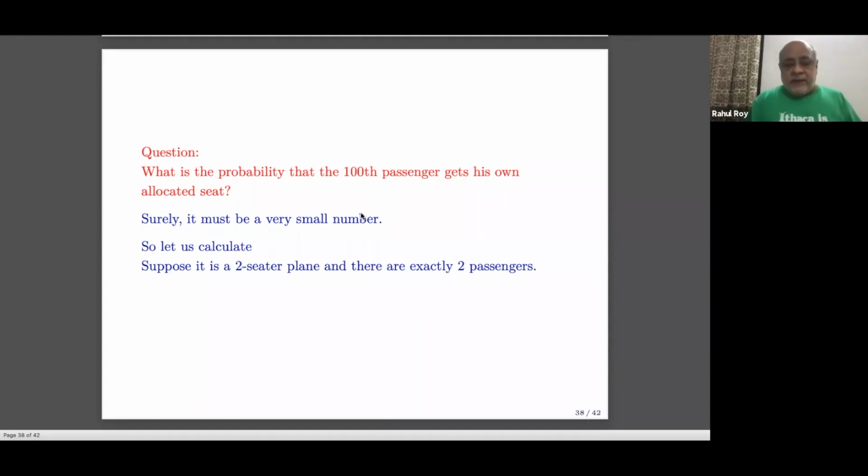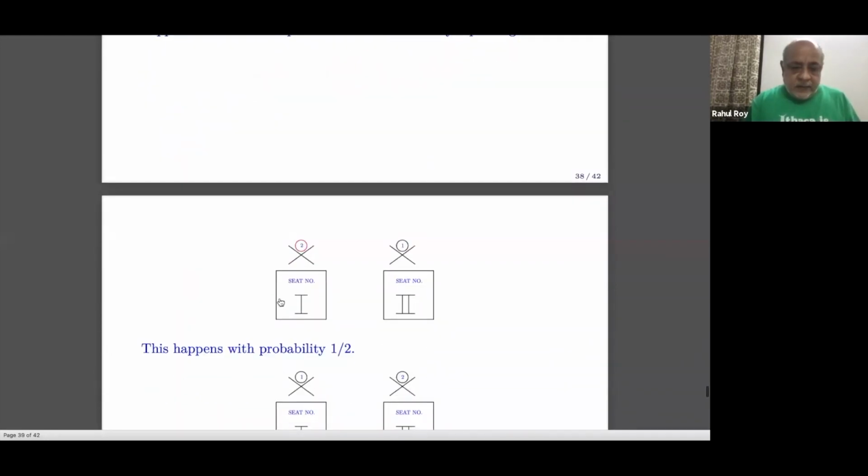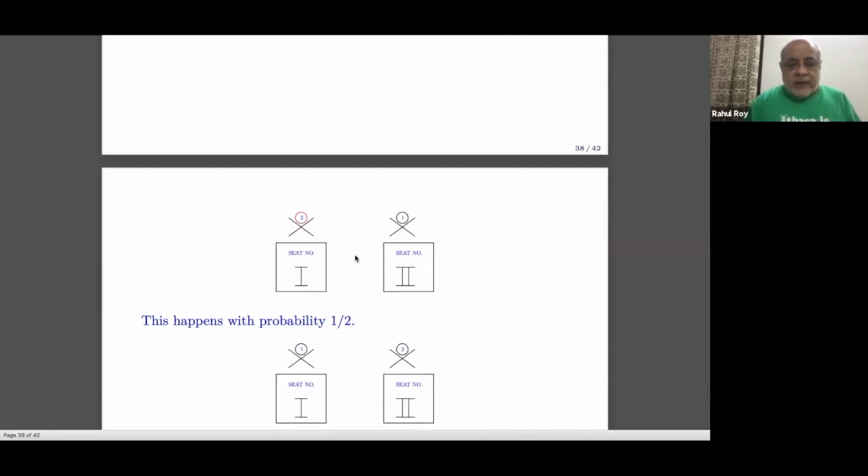Suppose it is a two-seater plane, and there are exactly two passengers. So there's seat number 1 and seat number 2, and there are two passengers. So what can happen? Person number 1 goes in, he has lost his ticket and he sits in seat number 2. And so person number 2 has to sit in the other one, which is seat number 1. And so there is a mismatch.